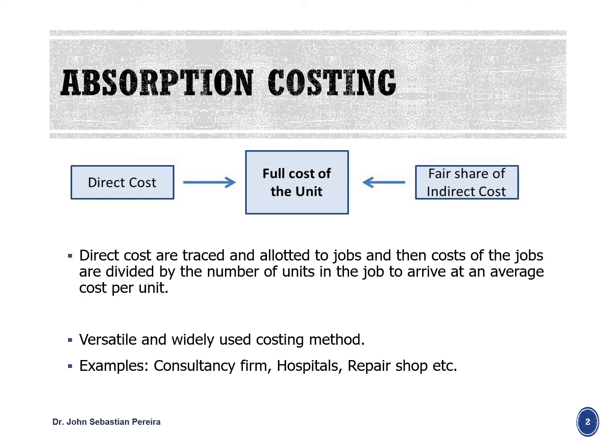And then the total indirect cost spent in the business for that particular period is divided by the number of job units the business has in that period. This gives an allocation rate, and based on the allocation rate, a proportional fair share of the indirect cost is associated to the job unit.